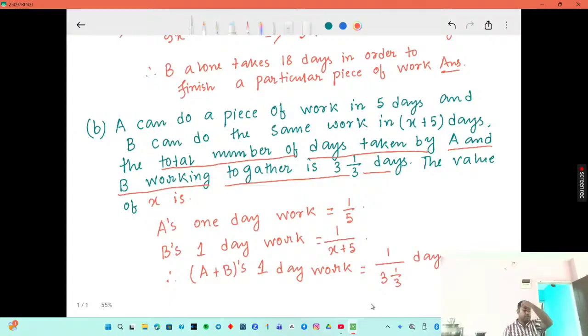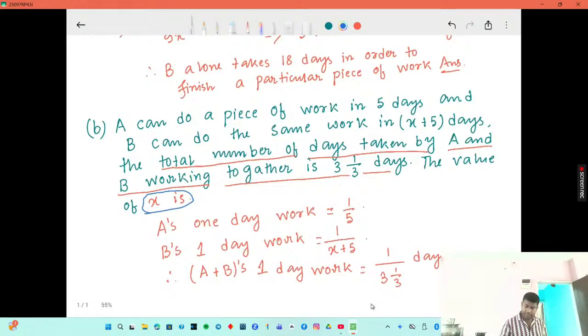Okay, now I will be helping you to form the equation, and when we solve that equation we can find the value of x. So what will be the equation?